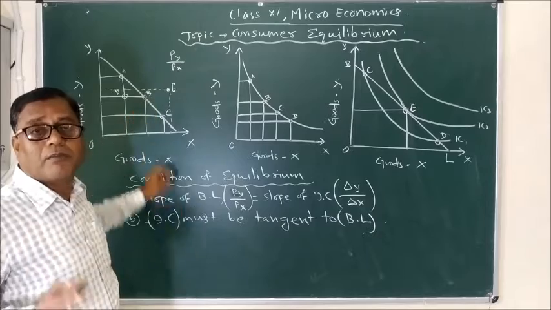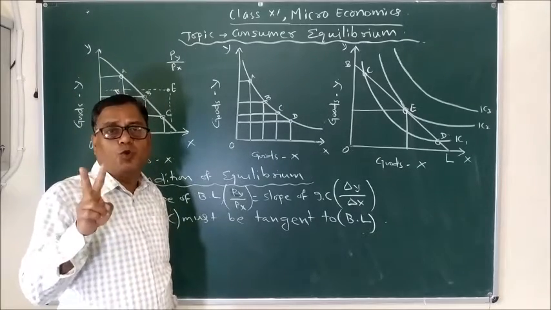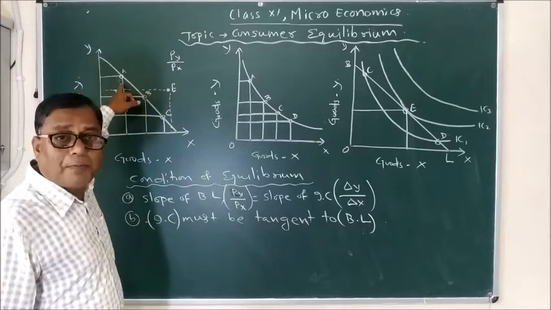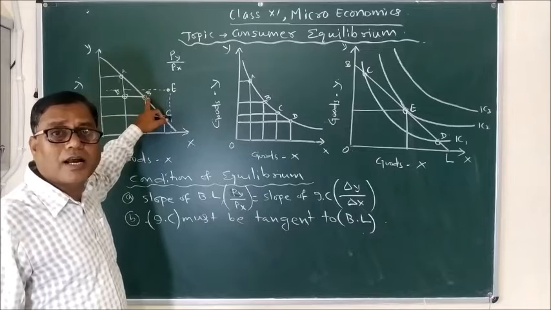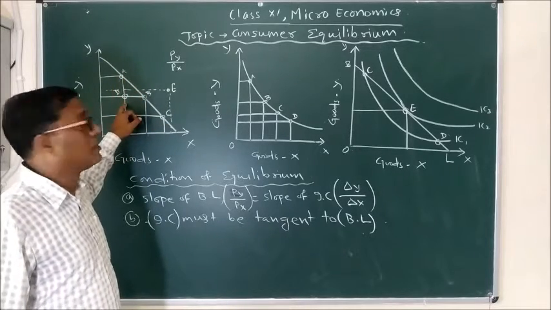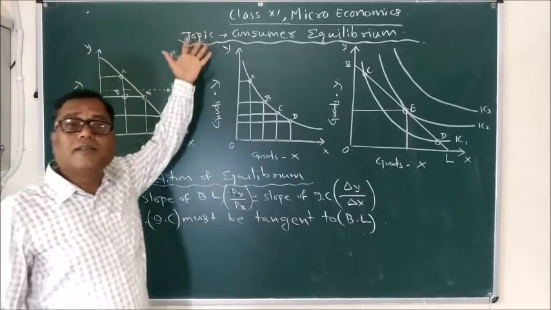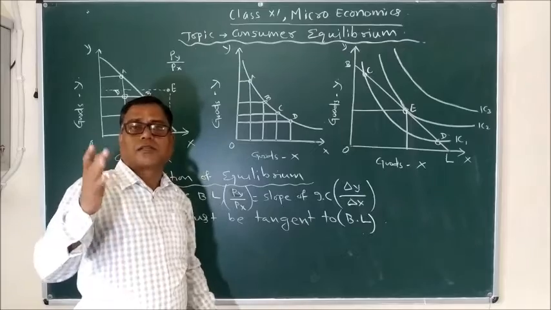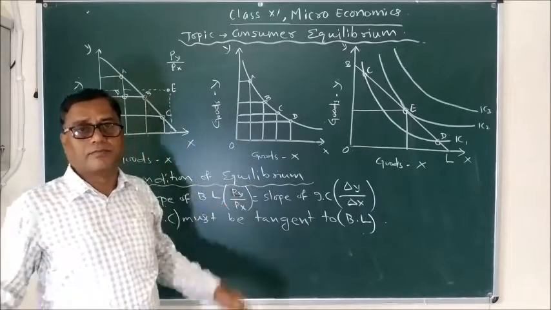For example, suppose the cost of X per unit is 2 rupees and the cost of Y per unit is 1 rupee. So to gain 1 unit more of X, the consumer has to sacrifice 2 units of Y. And that will remain constant because we have already assumed in the beginning that the prices of X and Y are constant, fixed, they are not changing.